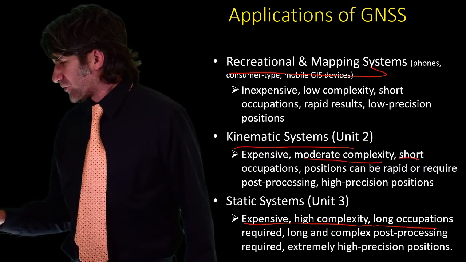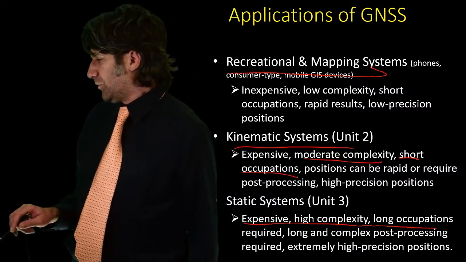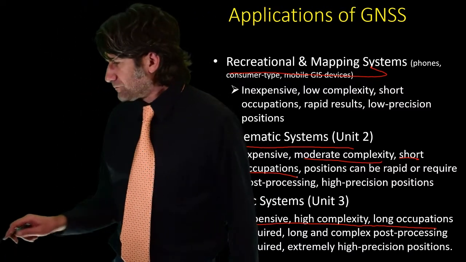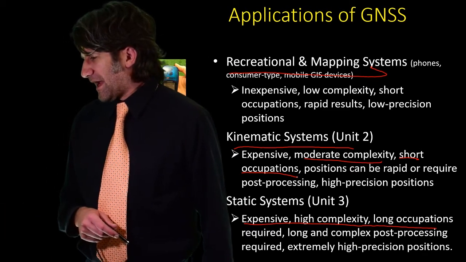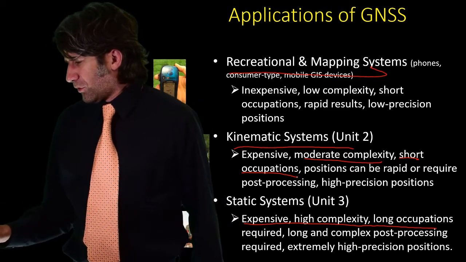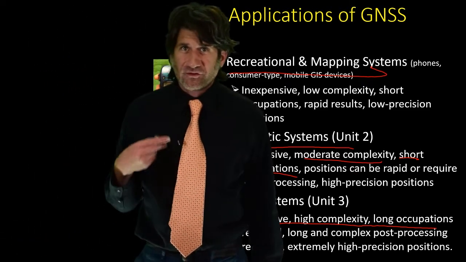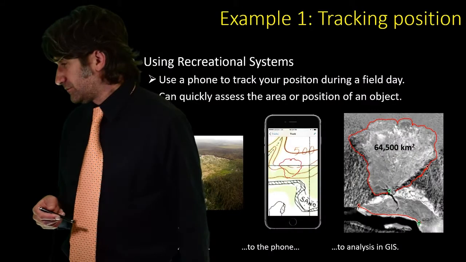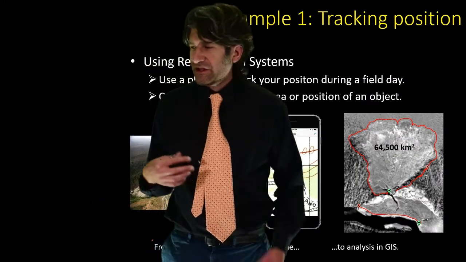But this is key here: short occupations. You only need to measure for a couple of seconds, and then you can move on. There's our recreational, kinematic, or that long-term where you're basically setting up on a position for several hours to several days.